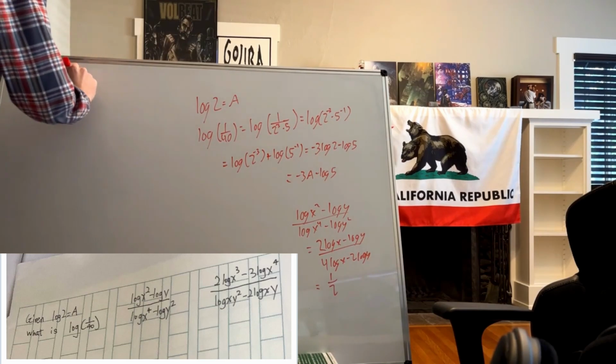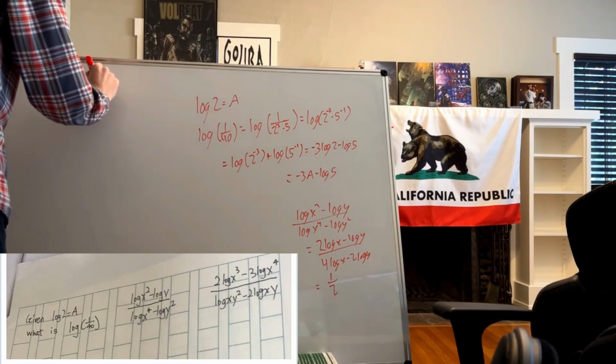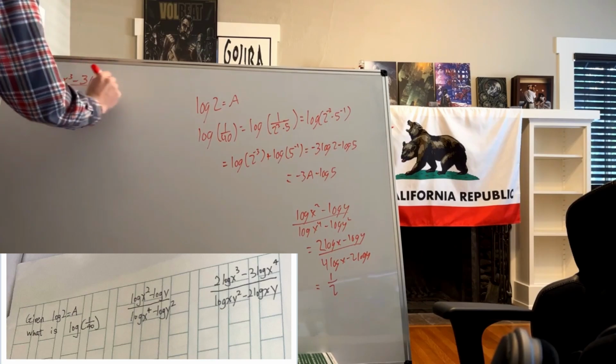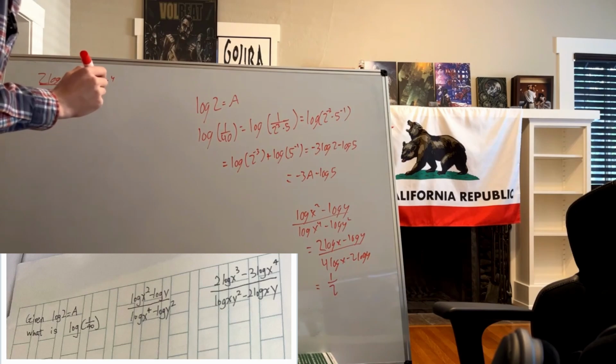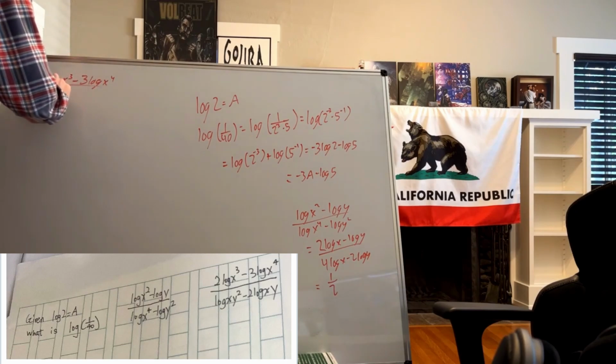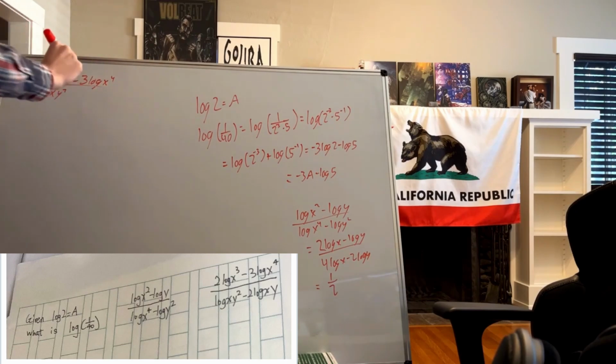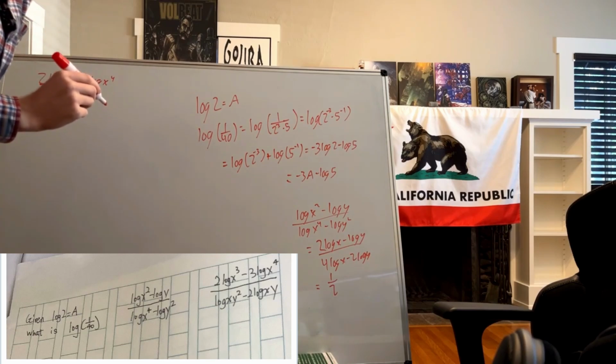So the numerator looks simple enough, just like all the other ones we've been doing. The denominator, though, is log xy squared minus 2 log xy.